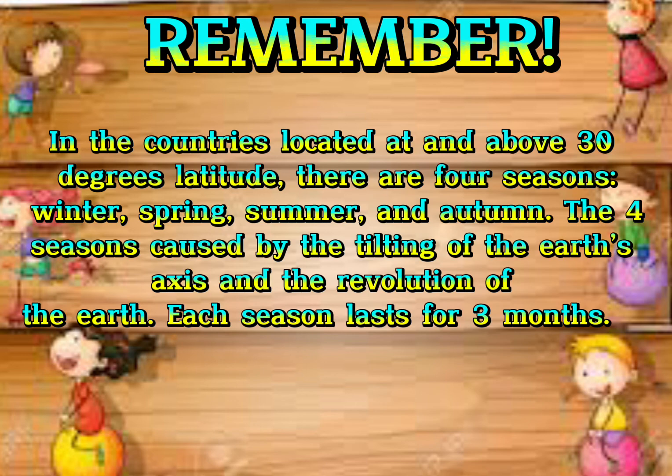In the countries located above 30 degrees latitude, there are 4 seasons: winter, spring, summer, and autumn. The 4 seasons are caused by the tilting of the Earth's axis and the revolution of the Earth. Each season lasts for 3 months.